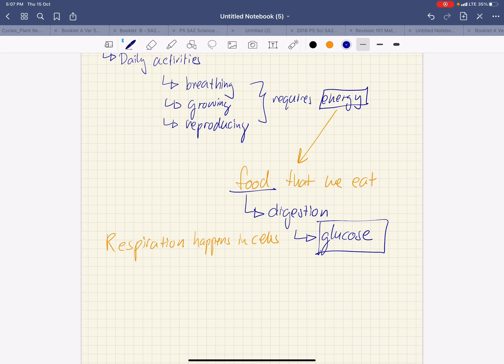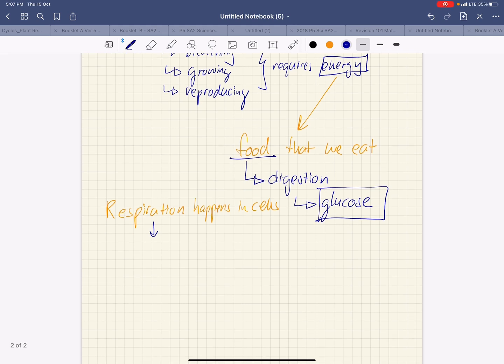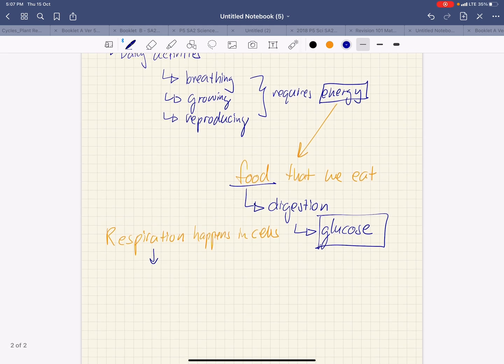There is a word equation for respiration, and it is very important in helping us understand how our body functions and why certain systems, such as your respiratory system as well as your digestive system, are so important.